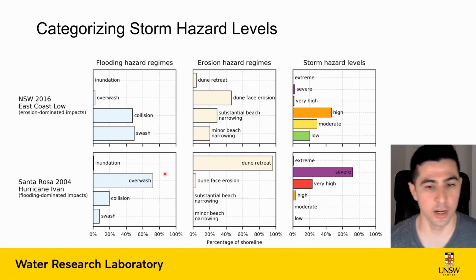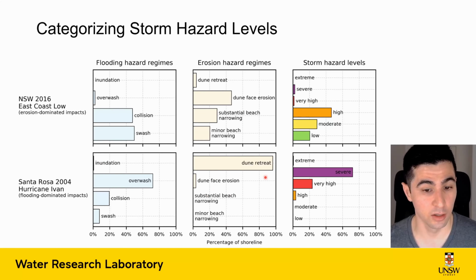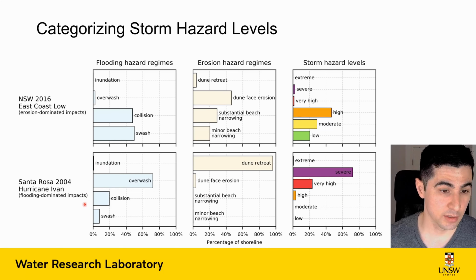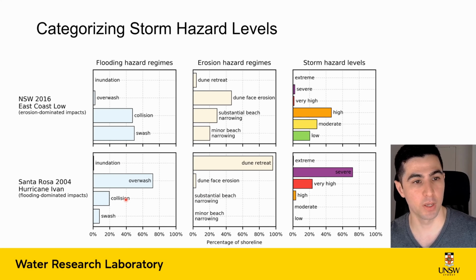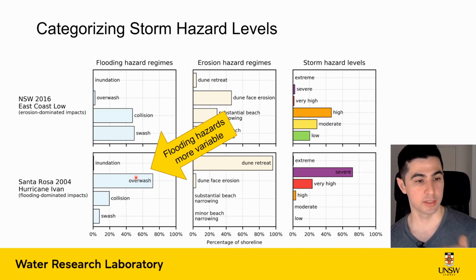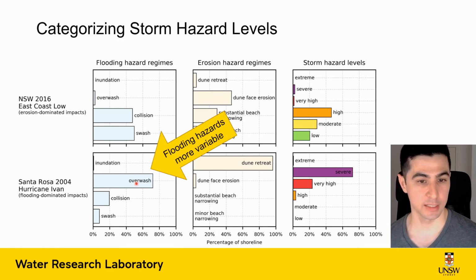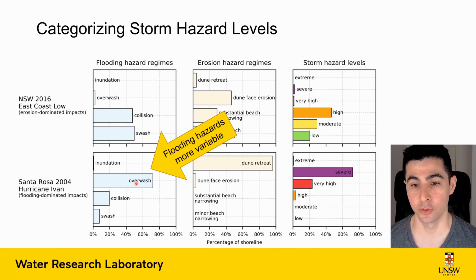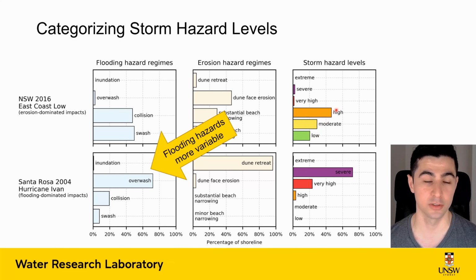If we look at Santa Rosa Island, we see that in a large case, the dune did actually retreat, but there is more variability in the flooding hazards. So in this case, the flooding hazards explain more of the alongshore variability in the different response that we saw. And as we expected, we get very high to severe in Santa Rosa and low to high in New South Wales.